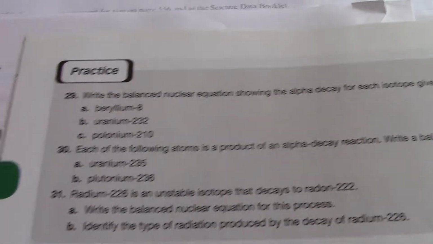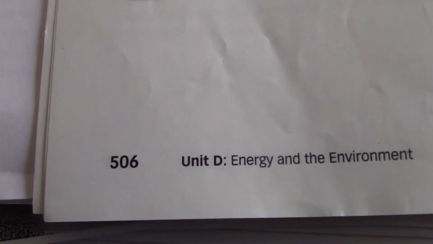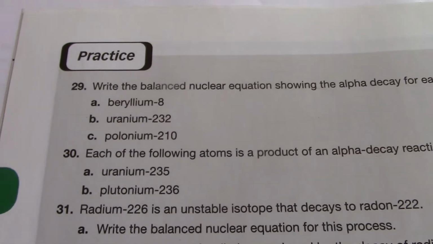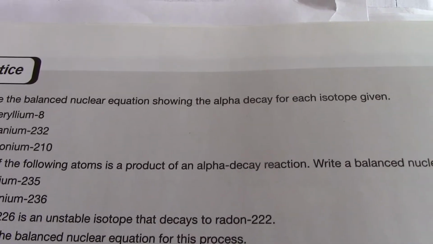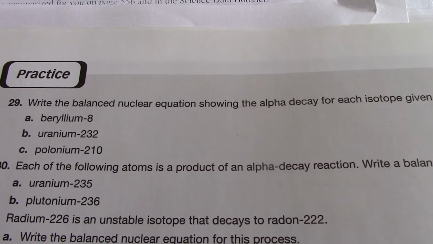All right, let's look at page 506. I'll do a couple of questions here. Number 29, A. It says, write the balanced nuclear equation showing the alpha decay for each isotope given.